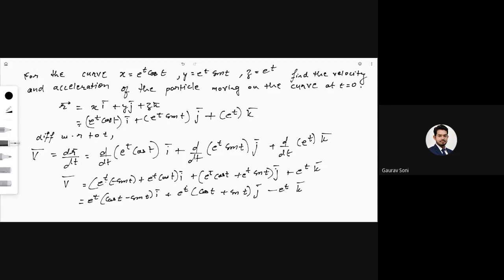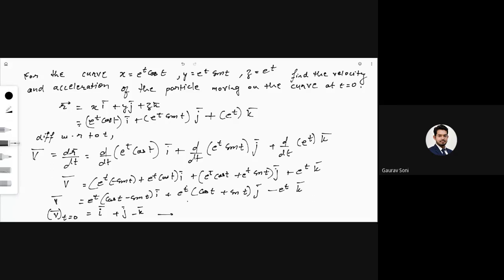We don't need velocity everywhere, we just need the velocity at t is equal to 0. So velocity at t is equal to 0: cos 0 is 1, sin 0 is 0. So this will be i plus j plus k. So this is the velocity vector at t is equal to 0.